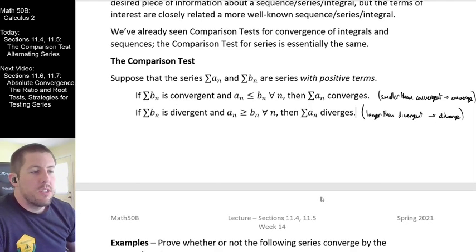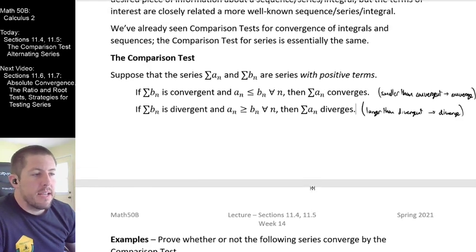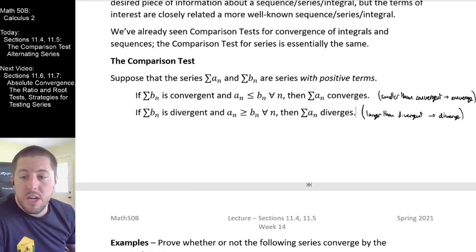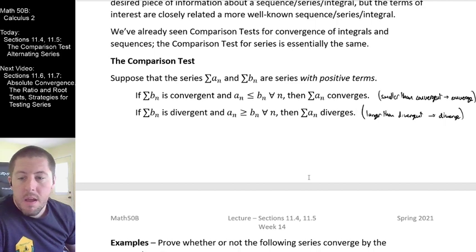Right? So the important thing about the comparison test is that you are responsible for judging what would be a good series to compare against. What that means to me is that if you don't know any series that converge or diverge, then you can't use the comparison test. So it matters that we know our base cases here. Ultimately, what this boils down to is, do you know about the harmonic series?